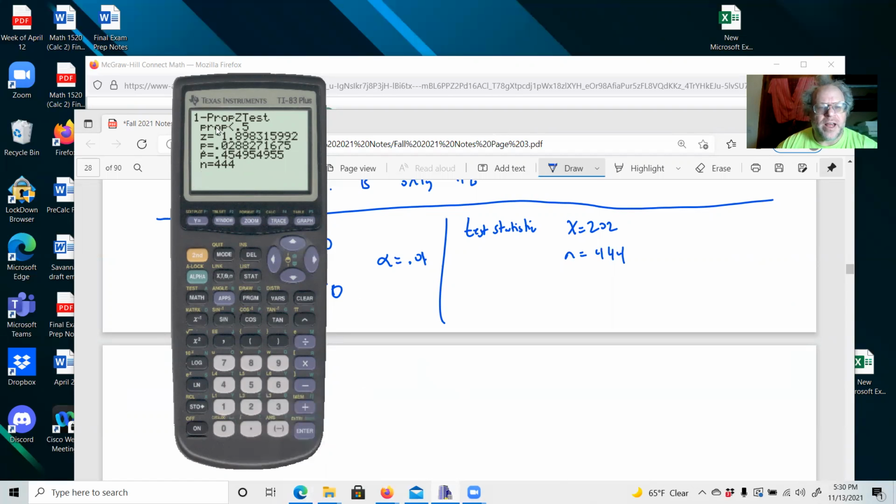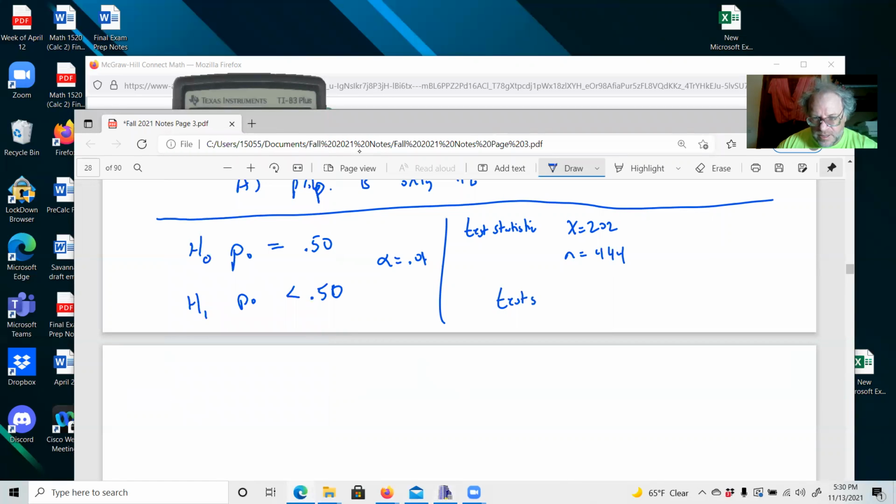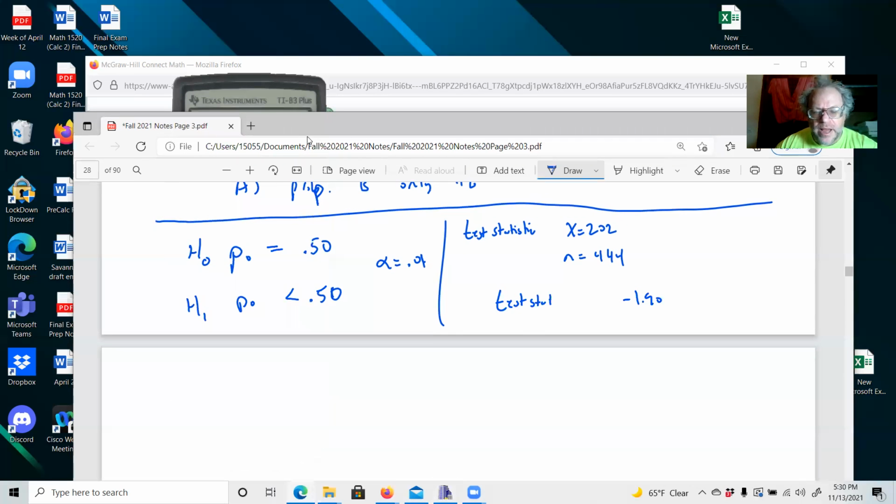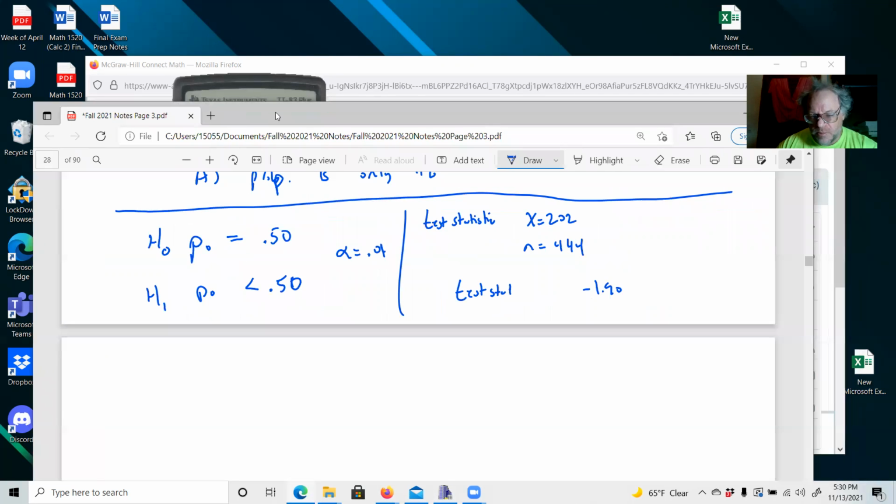Our Z statistic, or test statistic, is negative 1.90, and our p-value is 0.0288.